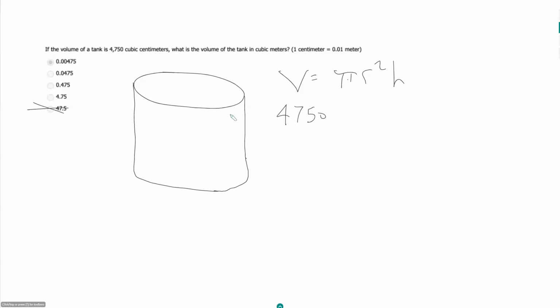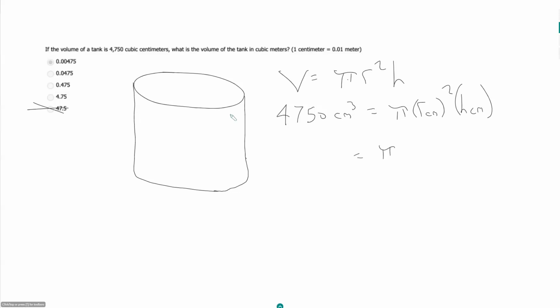So 4,750 cubic centimeters is equal to pi times r centimeters squared times h centimeters. If we want to find the volume in cubic meters, we have to remeasure our radius and our height in terms of meters.